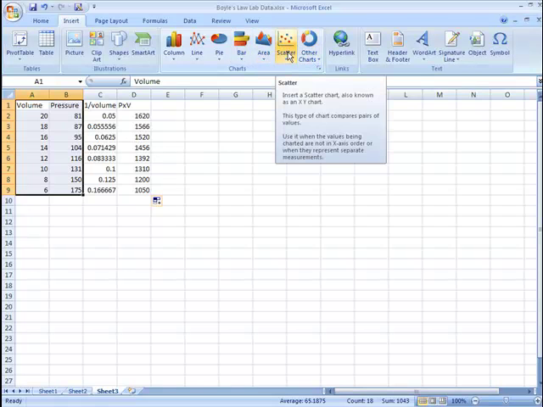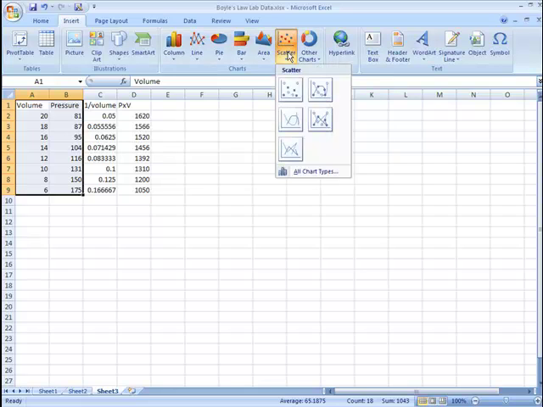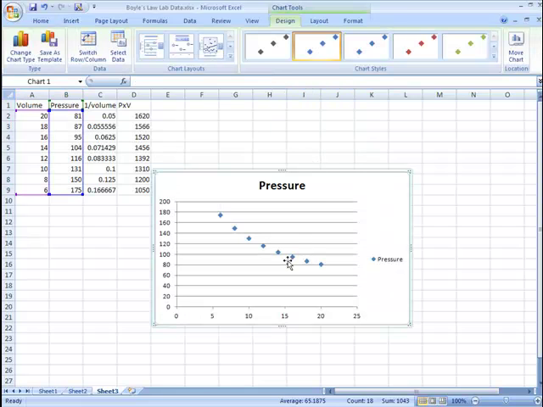You want a scatter. It's often called an XY scatter. They took off the XY because people didn't know what X and Y were. Because people didn't understand that that's the way graphs are made. But, so you pick scatter, and then you have choices. Okay? You do not want any lines on here. So this is the only one with no lines. You select that. It gives you a graph.